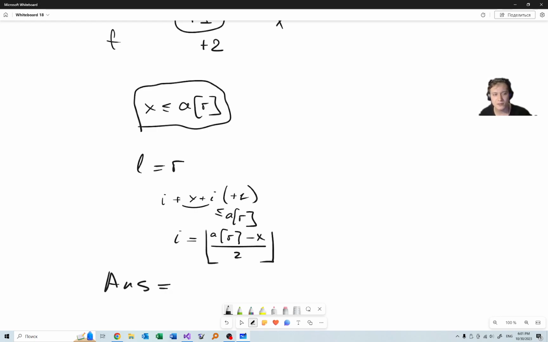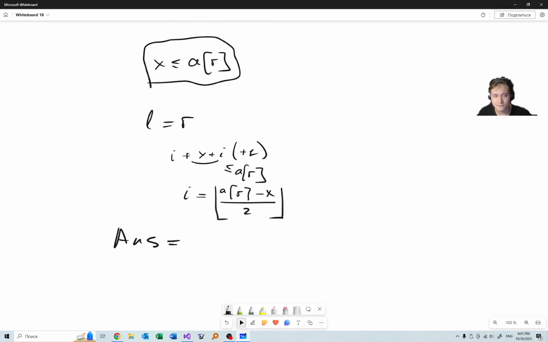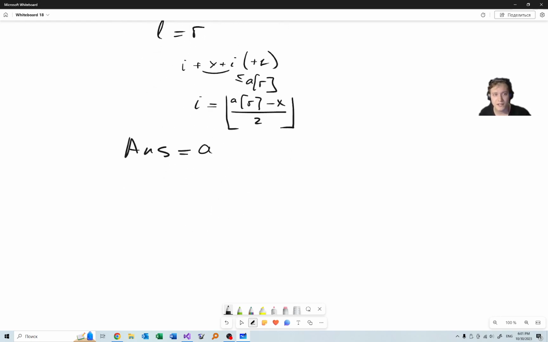So the answer will be: if AR equals 1, then it is simply 1.